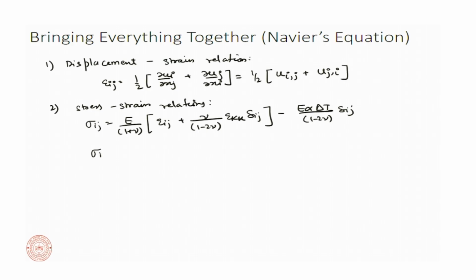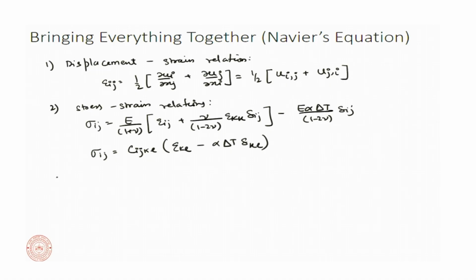In general, sigma ij is equal to Cijkl (epsilon kl minus alpha delta T delta kl). I am sorry, this should be kl.